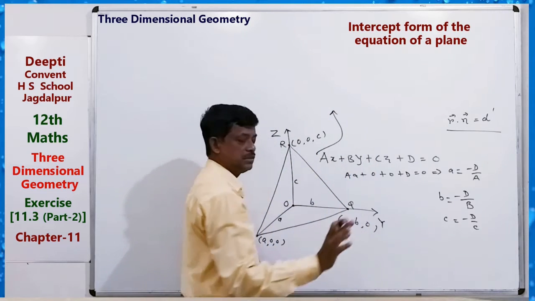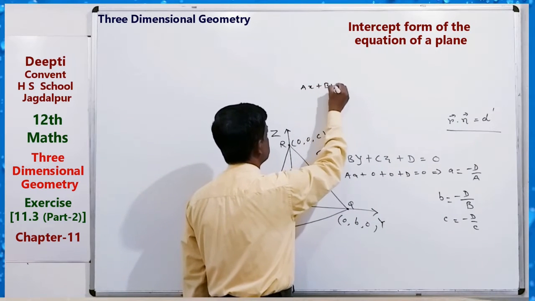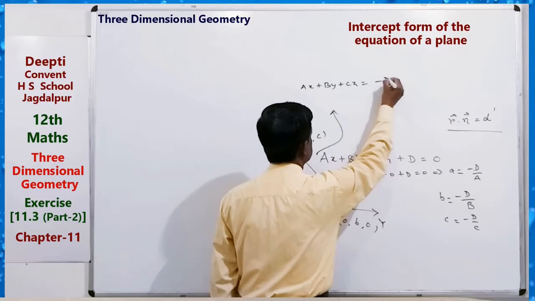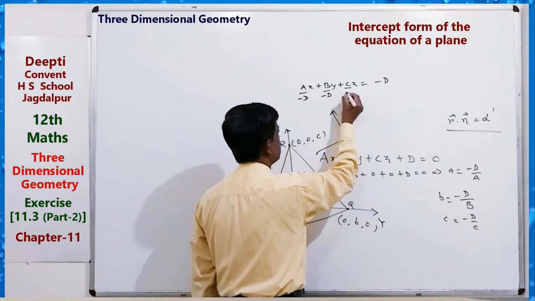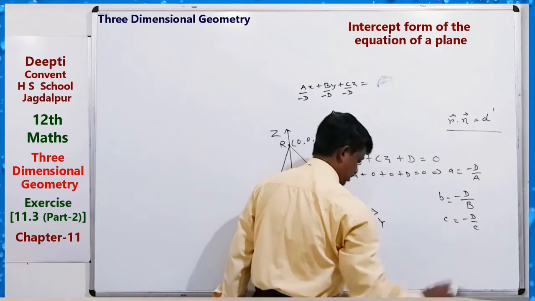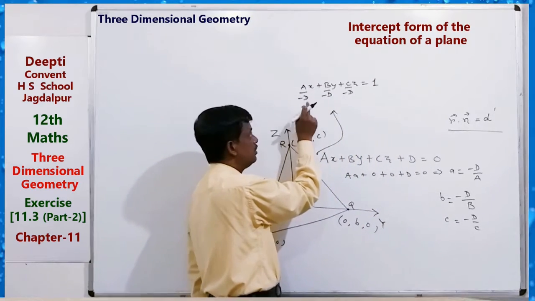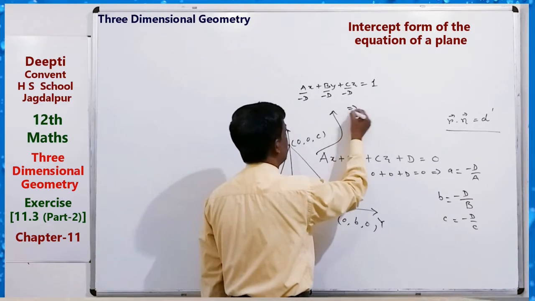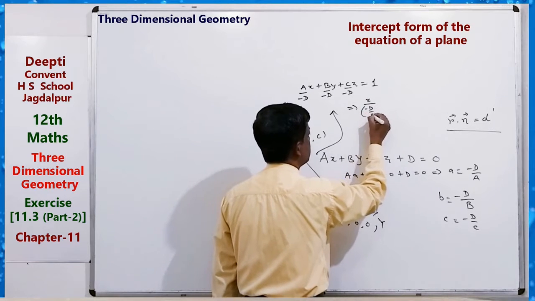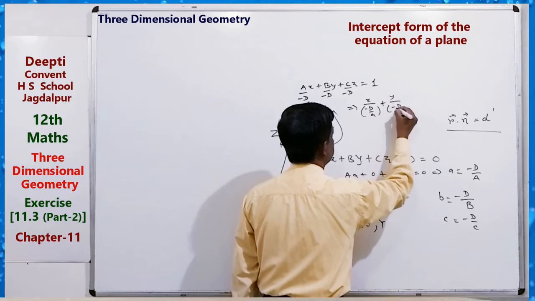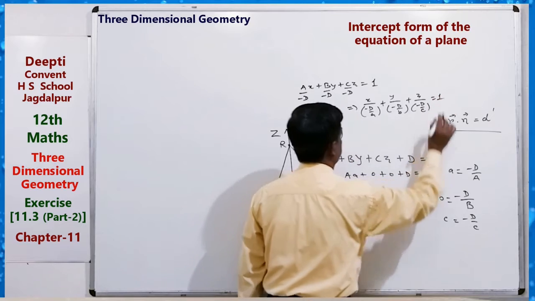Now we can write this equation by taking d on the right-hand side: ax plus by plus cz equals minus d, and dividing by minus d, the right side will be 1. So it can be written as x by minus d by A, y upon minus d by B, z upon minus d by C equals 1.